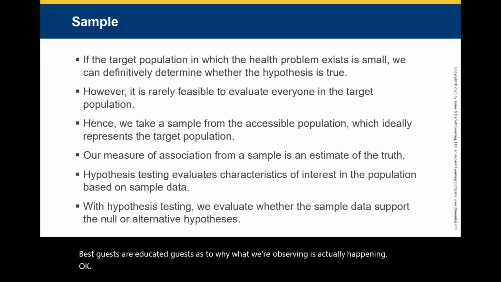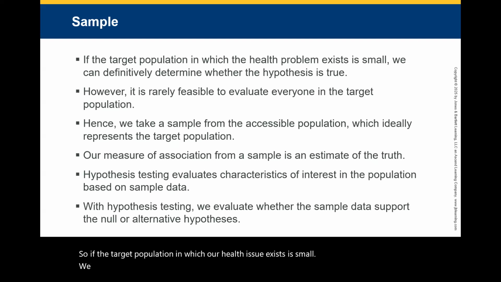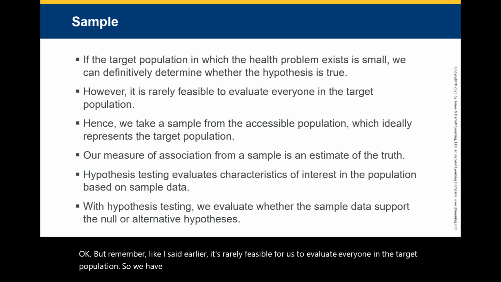So if the target population in which our health issue exists is small, we can have a better likelihood of determining whether the hypothesis is true or not. But remember, like I said earlier, it's rarely feasible for us to evaluate everyone in the target population. So we have to get a sample from the population.